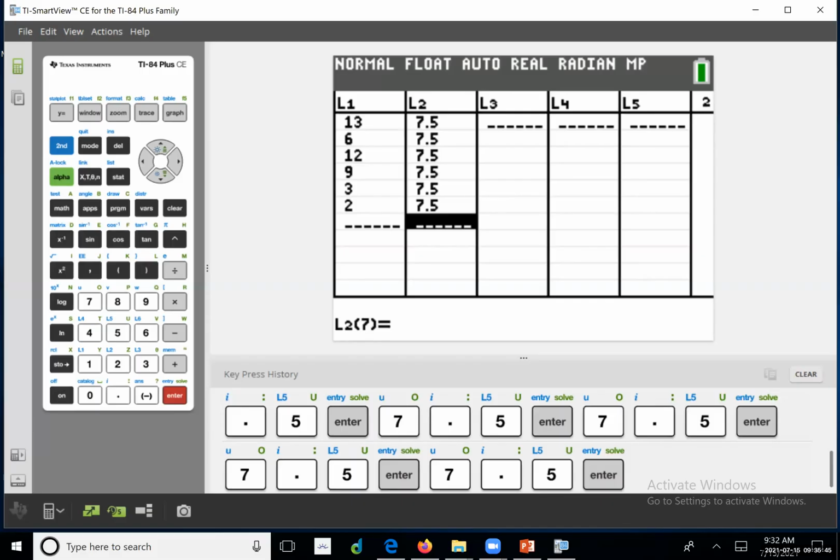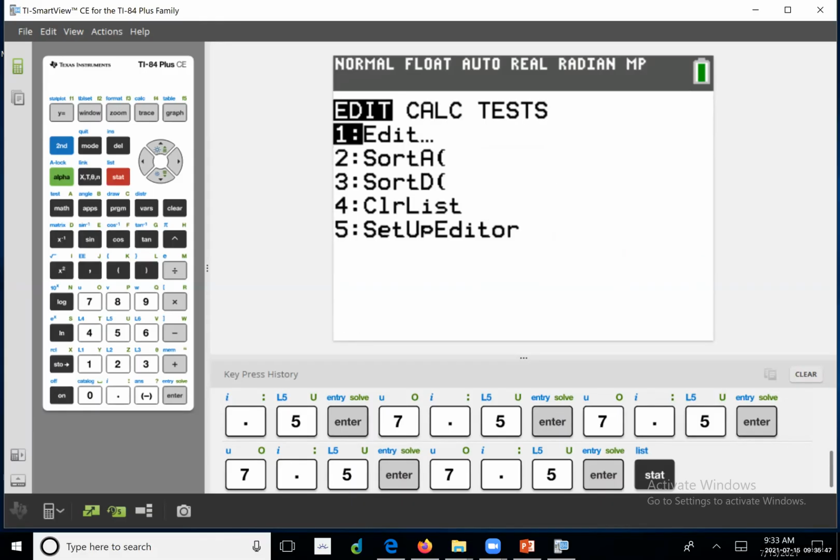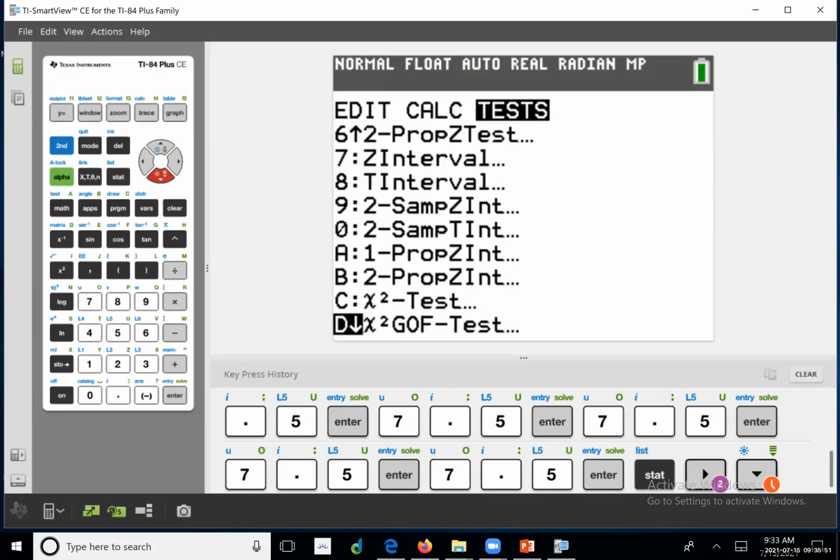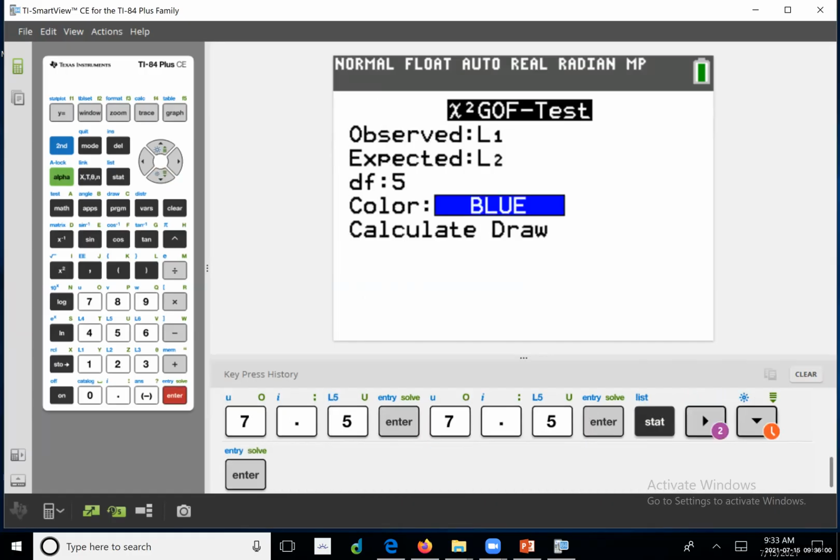Okay. So now you go to stat, test, goodness of fit test. Do you see D? Chi-square goodness of fit test. Observed is in L1, expected in L2. Degree of freedom: you had 6 items, and degree of freedom is always n minus 1.